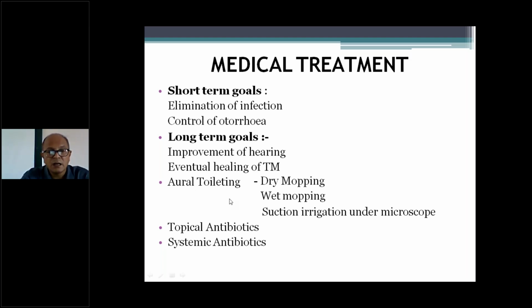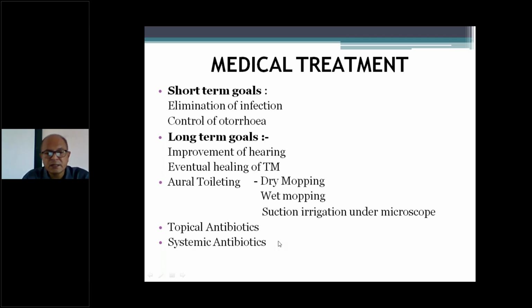Now, because we are taking the treatment of both topics simultaneously, that is CSOM safe type and unsafe type, in case of safe type you can advise dry mopping or wet mopping and suction irrigation under microscope, topical antibiotics and systemic antibiotics.